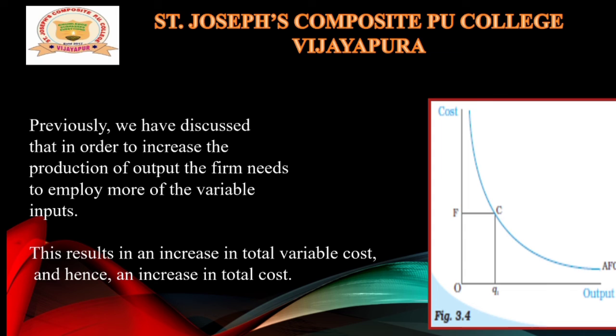What is this OFCQ1? It shows how we get the AFC value, and as you know, how to get the TFC value. OFCQ1 shows the level of output in the rectangular shape, that is OF into OQ1, the level of output. So this shows the AFC, or the total average fixed cost.